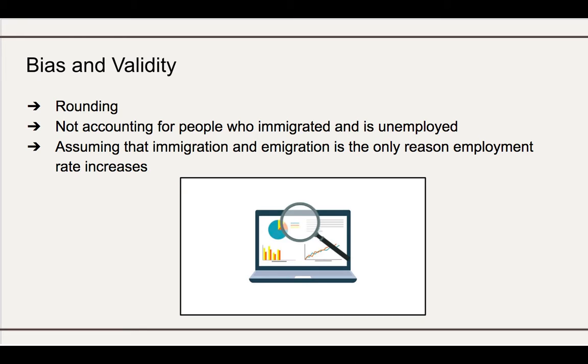And after all my research, it is also false to conclude that immigration solely increases because of the increasing employment rate, because there are many other factors that also influence the number of people employed.